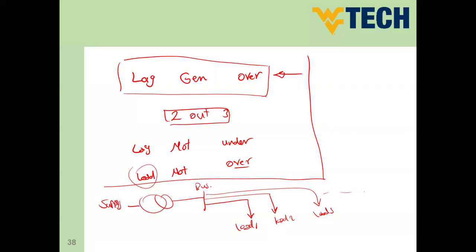So most of our loading in industry are inductive loads. This is the nature of our grid. You have motors, you have transformers, you have a lot of devices that absorb reactive power.